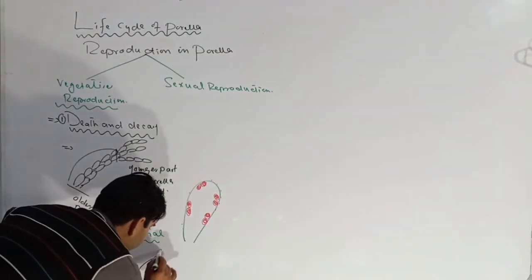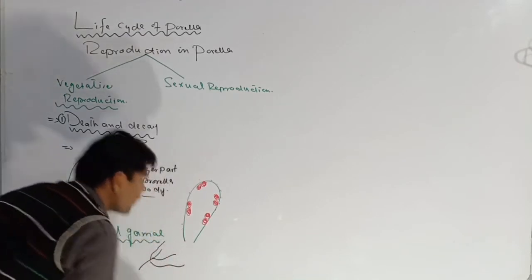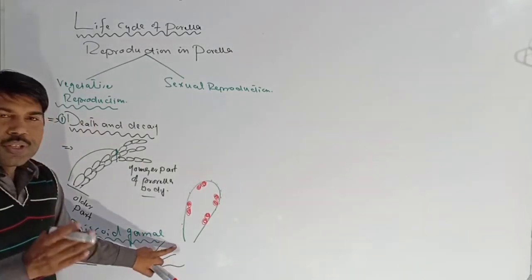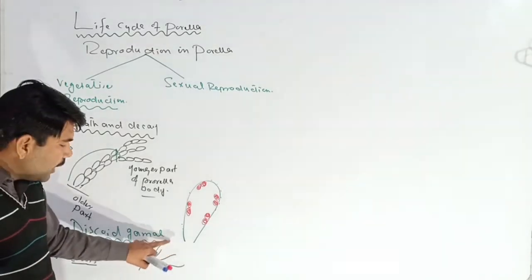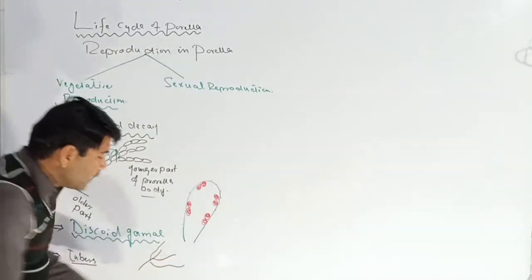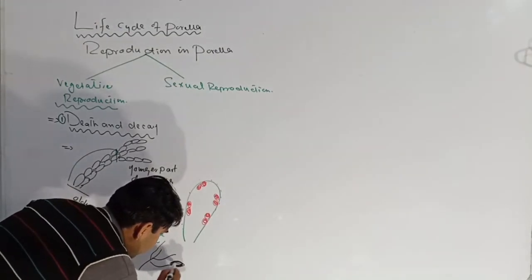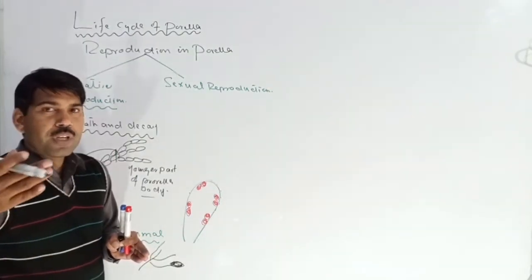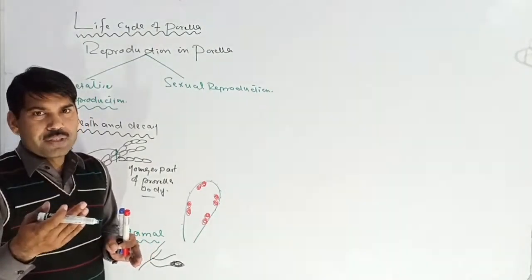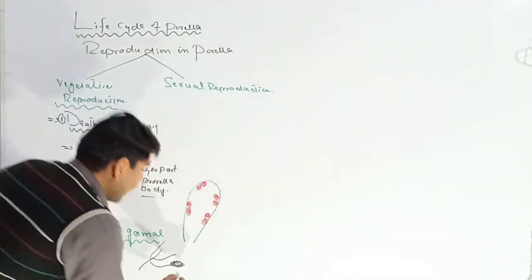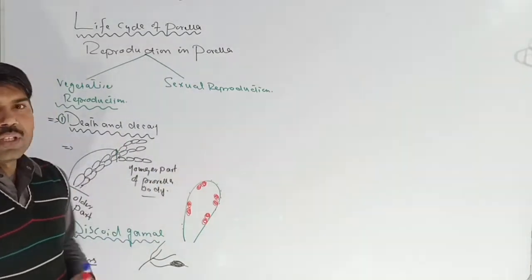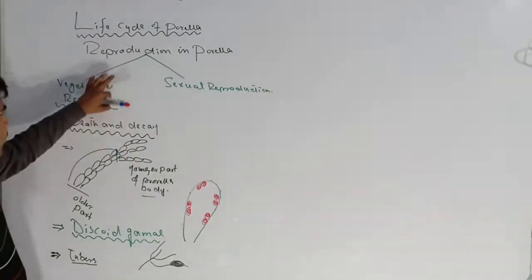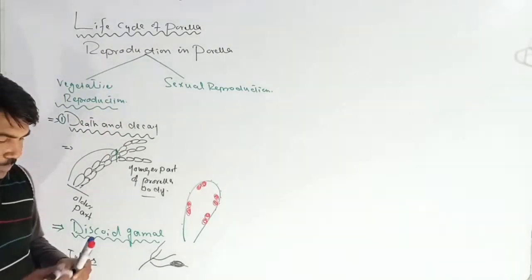We know that the body of Porella has an extensive branched or prostrate system, and these branches are present underground, in the soil. These branches become swollen inside the ground and become dormant for a longer period of time in unfavorable conditions. When the conditions are favorable, these parts will grow and produce a new plant body of Porella. So we can say that these are the three methods through which vegetative reproduction takes place.